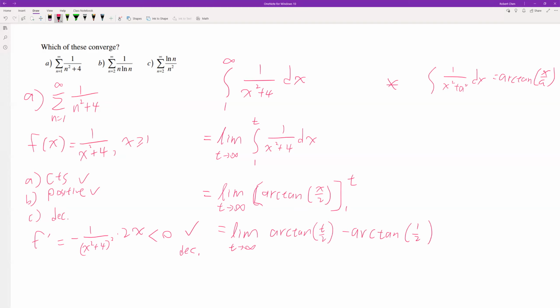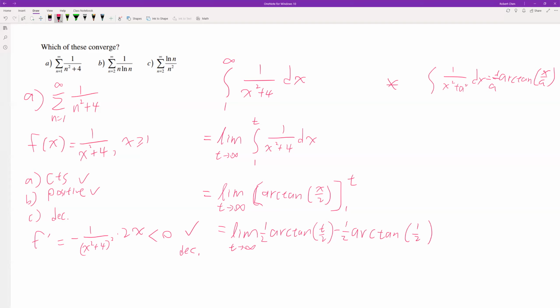All right. Oh, 1 over a. Forgot the 1 over a in the front. So it's 1 over a times arctangent x over a. So we have a 1 over 2 out the front, like that.